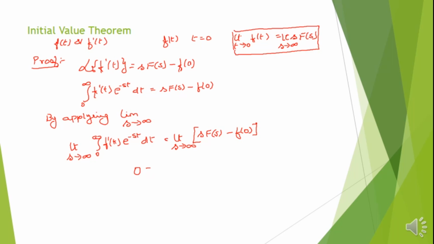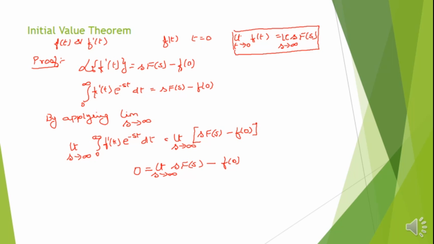On the right hand side, based on the property of infinite limits, limit as s tends to infinity s F of s minus f of 0. Because this f of 0 is not a function of s, the value of f of 0 when s tends to infinity remains the same as f of 0.